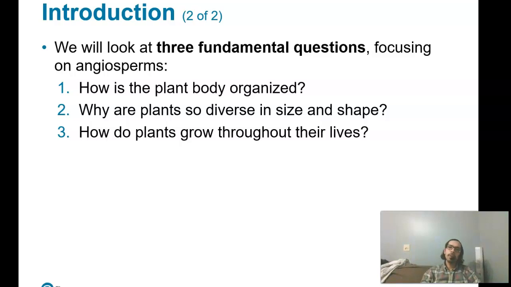So we're going to look at the three fundamental questions, and we're going to just focus on angiosperms. We're going to see how the plant body is organized, why plants are so diverse, and how plants grow throughout their lives.